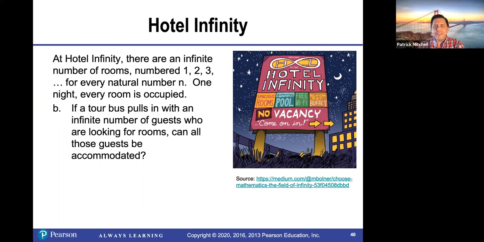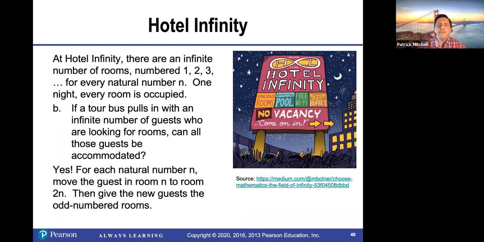So what you're going to do in this case is, for each natural number N, move the guest in room N to room 2N. So instead of having everybody add 1 to their room number, you have everybody multiply their room number by 2. If you're in room 1, you go to room 2. If you're in room 2, you go to room 4.